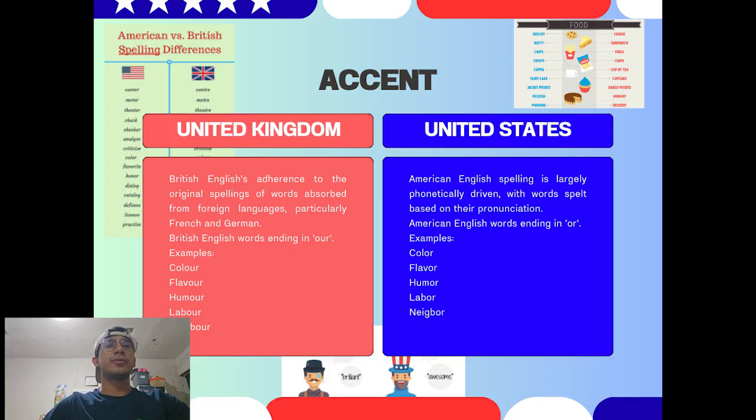In pronunciation, key differences between British and American accents include the pronunciation of the R, rhotic in American and non-rhotic in British.